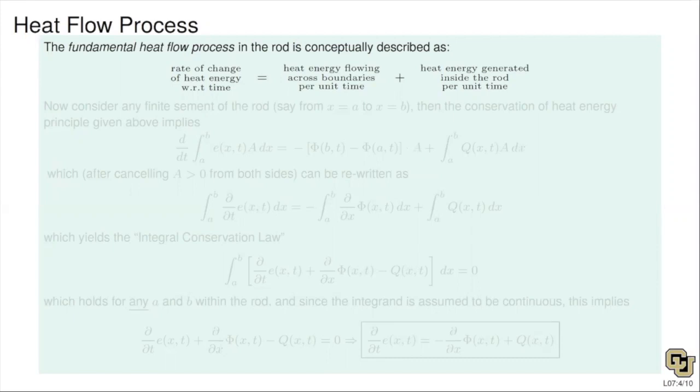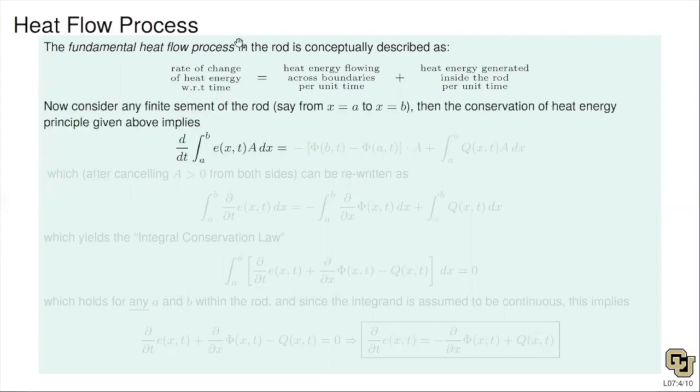So we calculated the heat energy was the integral of e of x,t. This expression on the very first slide was the heat energy. So I'm taking the derivative, the rate of change with respect to time, of the heat energy right here. And on the other side, the energy flowing in through the ends would be phi of b minus phi of a.